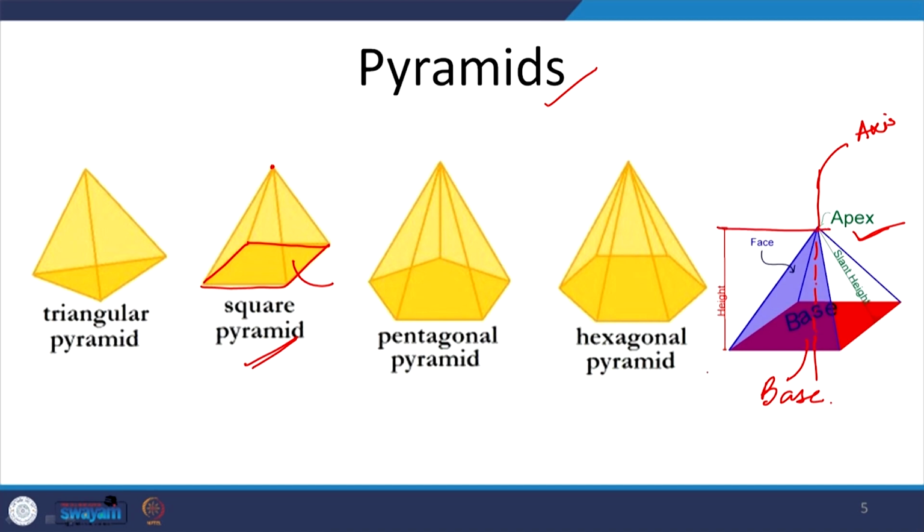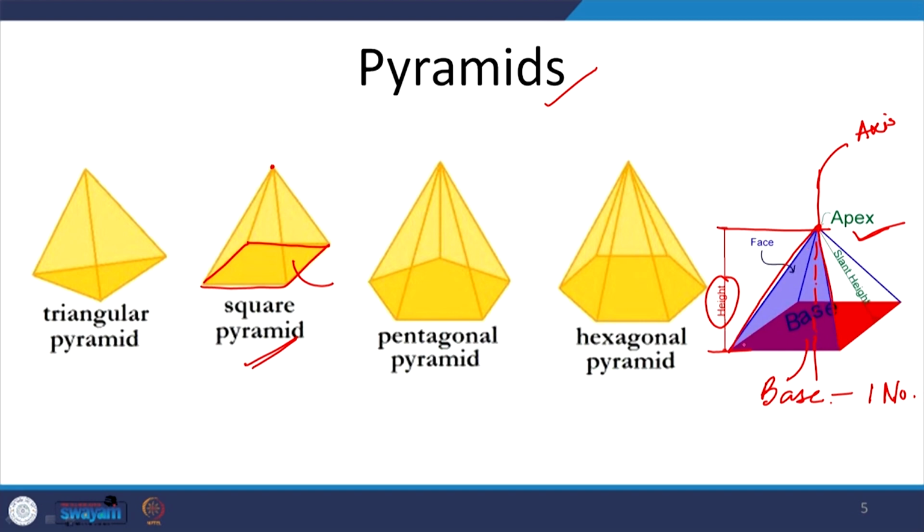So prism and pyramid both have height. The only difference is that we have only one base here, while in prism we had two bases, and in this case the top is one single point where all the lines converge.